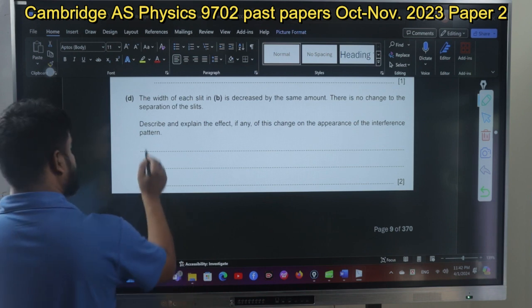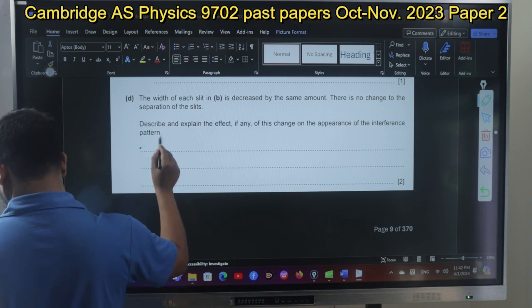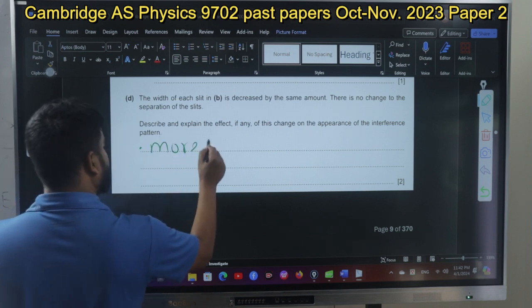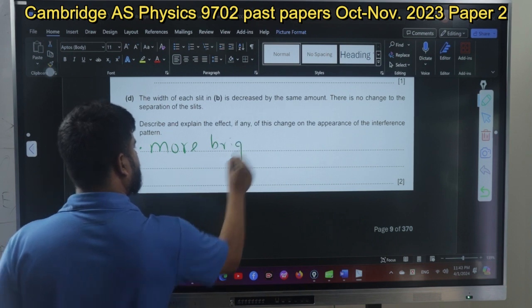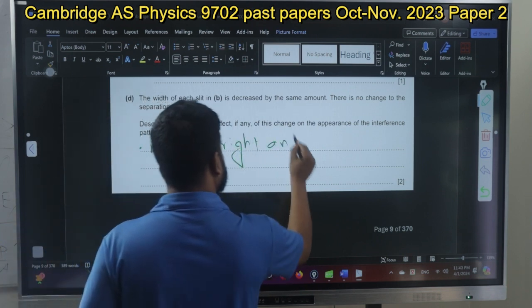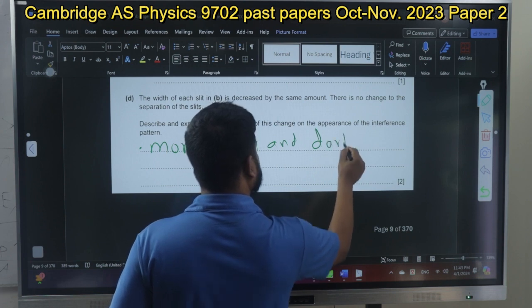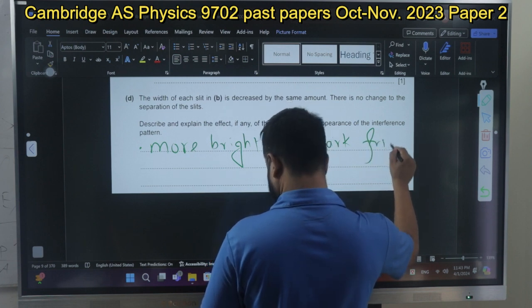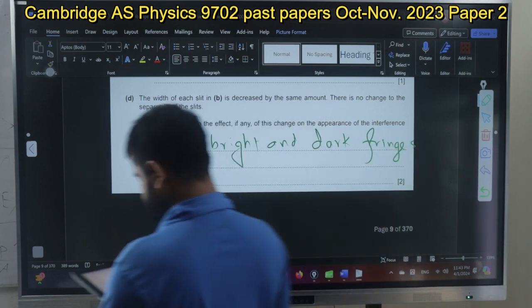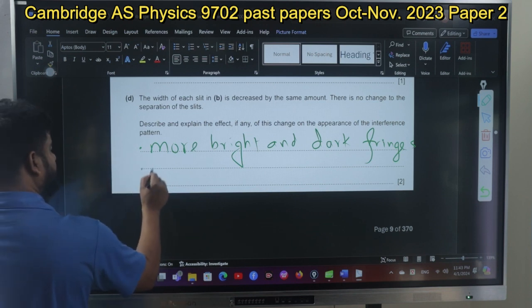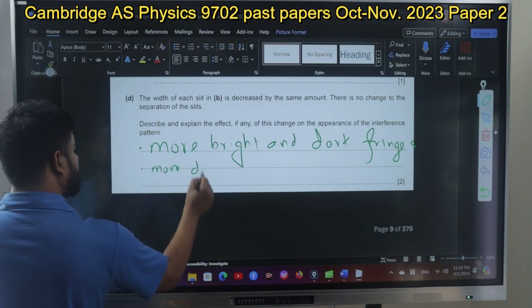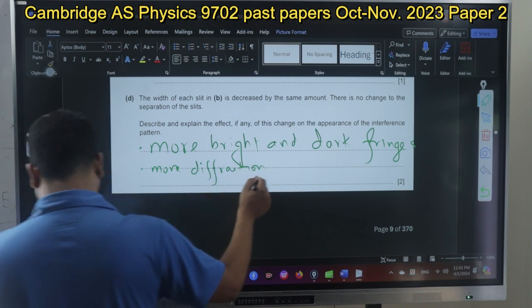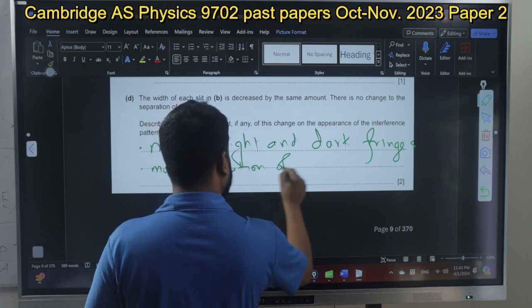More bright and dark fringes, because more diffraction of light occurs.